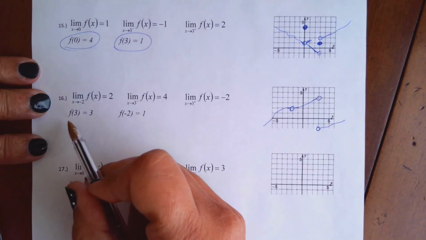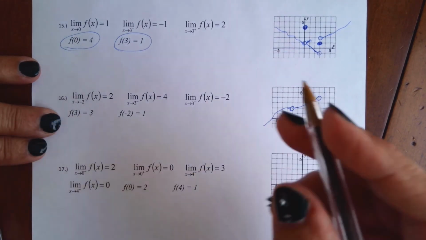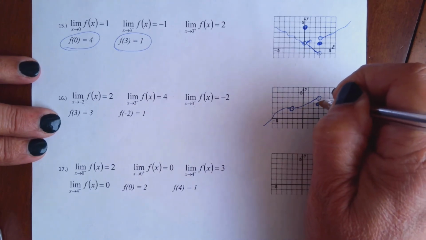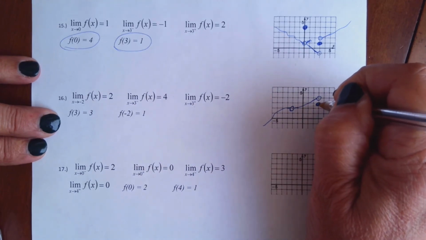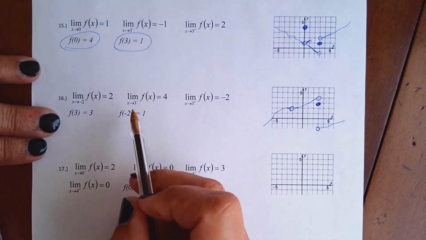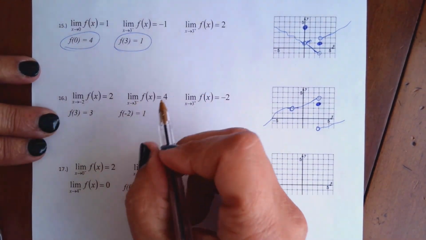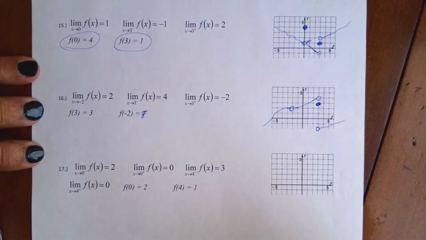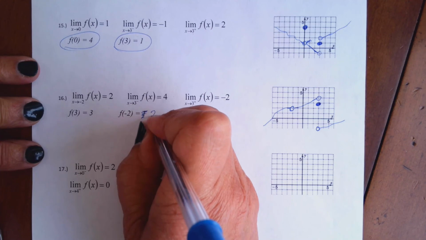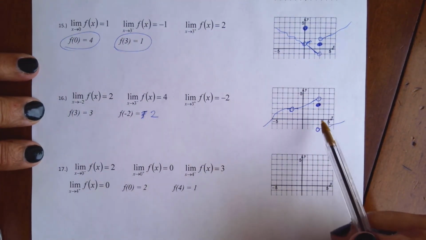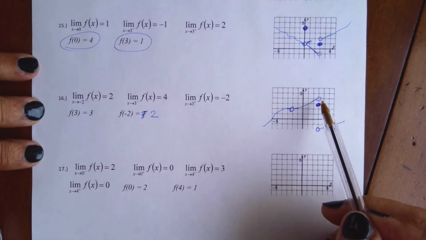Okay, and then I've got my function values. f of 3 is 3. Now, I'm going to change this because all of these are function values, not the limits. So on your paper, change this problem to f of -2 is 2. Because I want you to understand that you may or may not cover up one of these open circles.